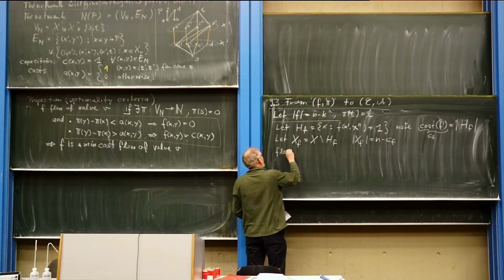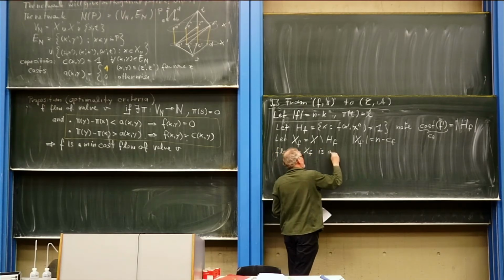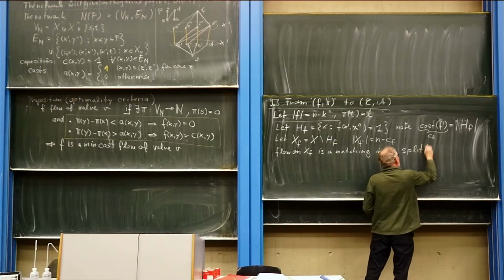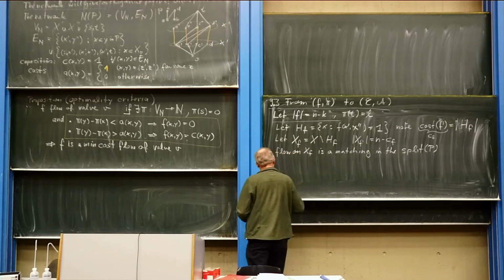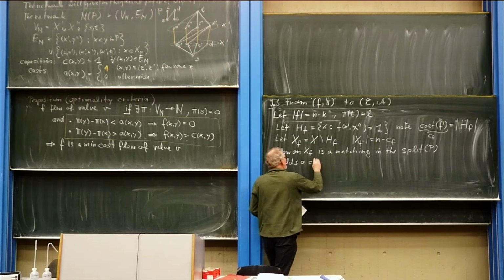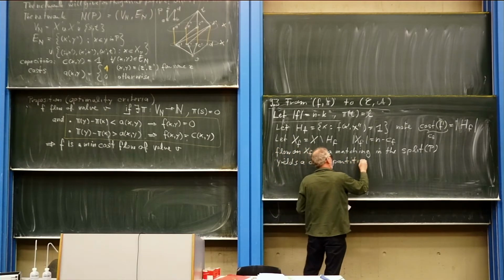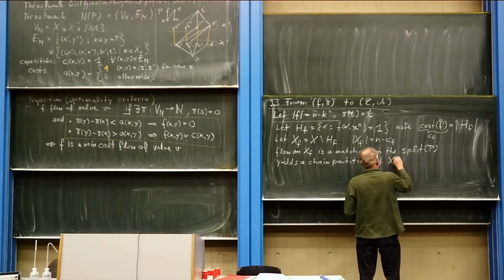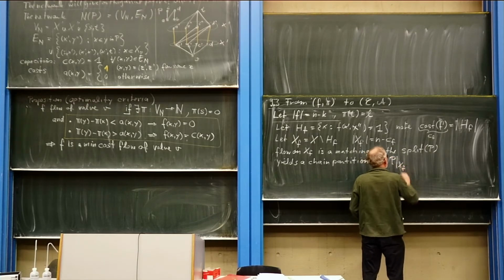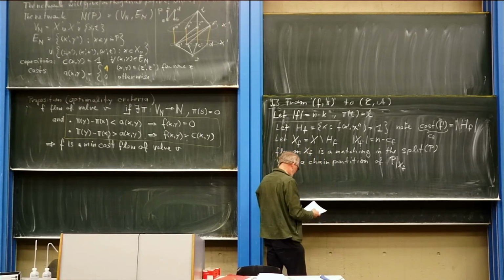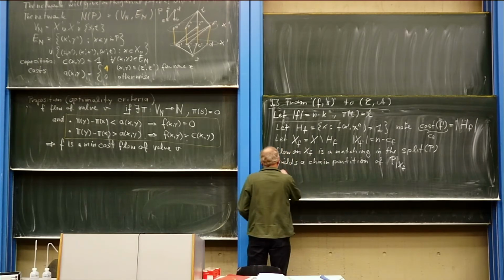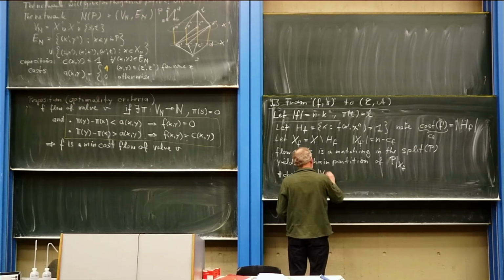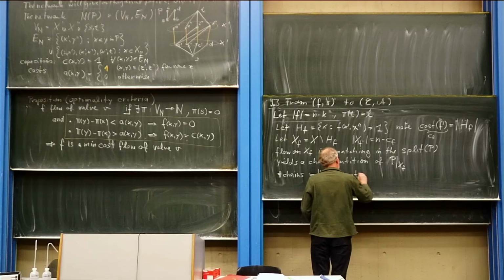So the flow on X F is a matching in the split of P, and so it yields a chain partition of P restricted to X F, with the number of chains equal to the size of X F minus the number of matching edges.